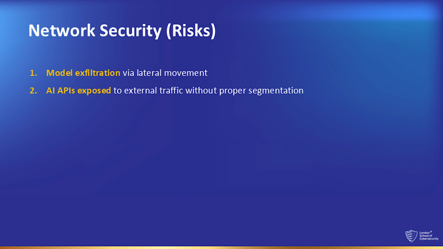Then comes the AI APIs. API security is one of the cybersecurity threats that is moving up the ranking pretty quickly. It's one of the top 3 to 5, if not the top.